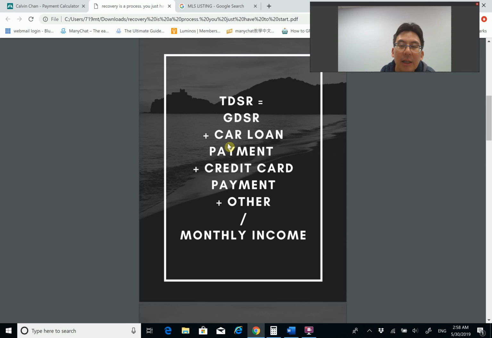And if you have any credit card outstanding, right? This credit card payment is a little bit tricky because a lot of my clients say, hey, I pay my bill on time in full every month. Every single month, I pay every single dollar of my credit card bill on time. Does it mean that I use zero as this credit card payment? And the answer is no. The bank would look at the credit bureau and say, okay, Calvin, you have, say, $1,000 outstanding.